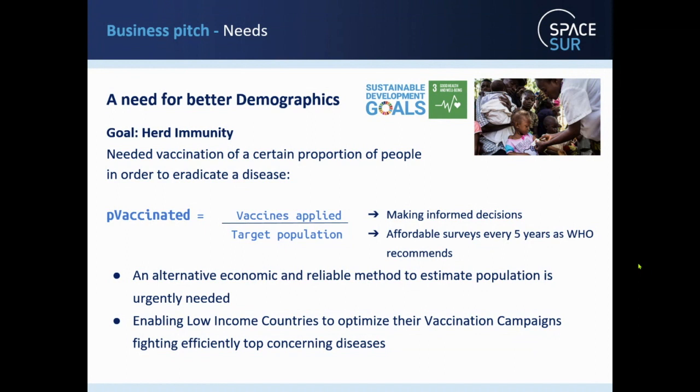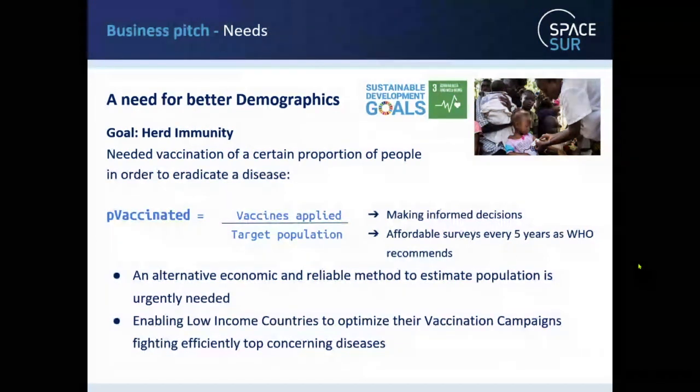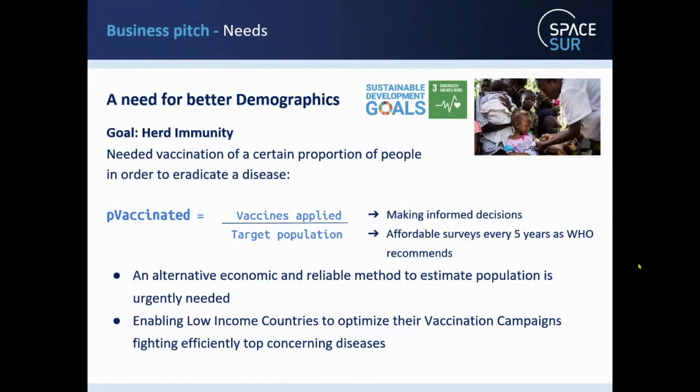This is the main aspect of the solution. The goal is to get an affordable service, even 5 years, as WHO recommends. In low-income countries this is very difficult, and it is a big challenge where we can help organizations.